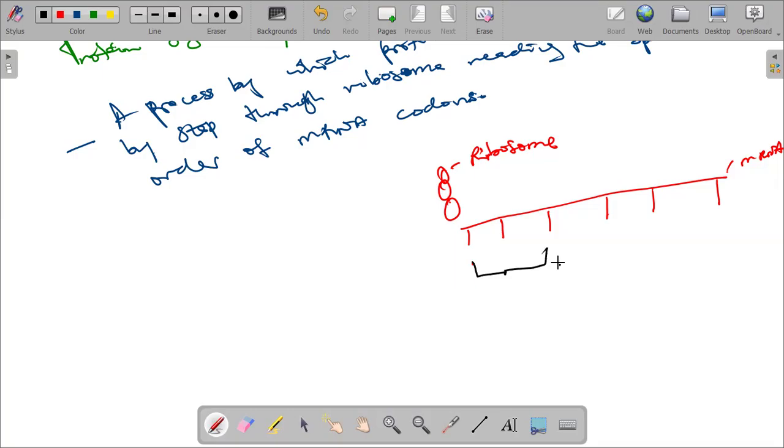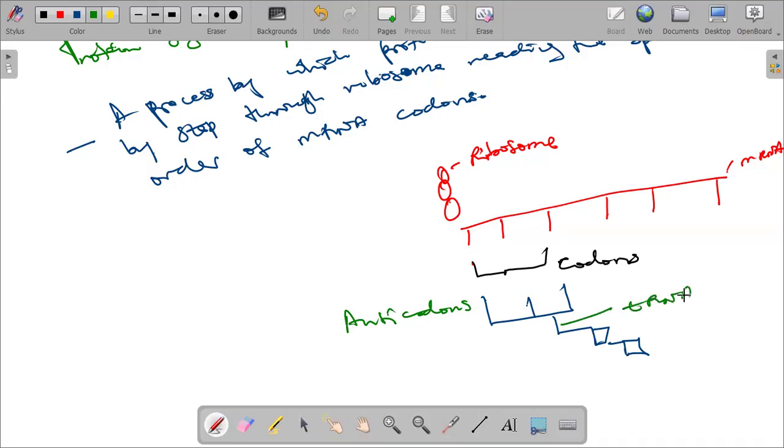These are called codons, which are the 3 nitrogen bases found on mRNA, and opposite to it, on this other side, we have what are called the anticodons.